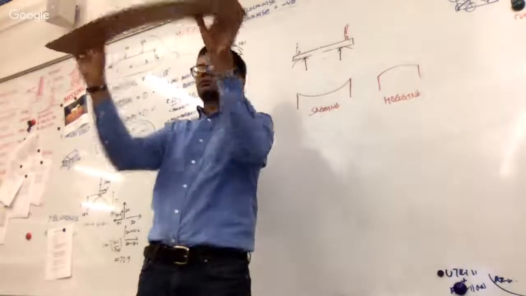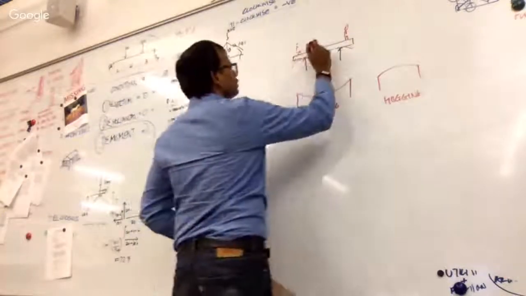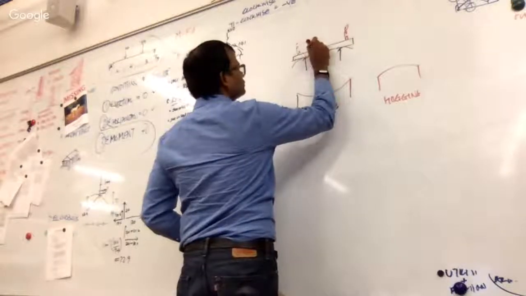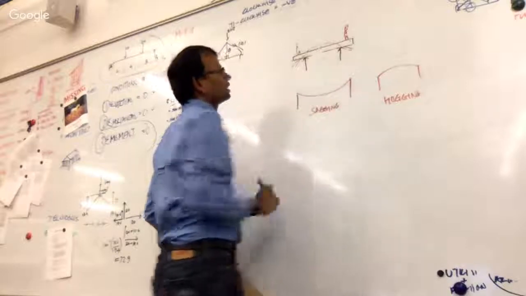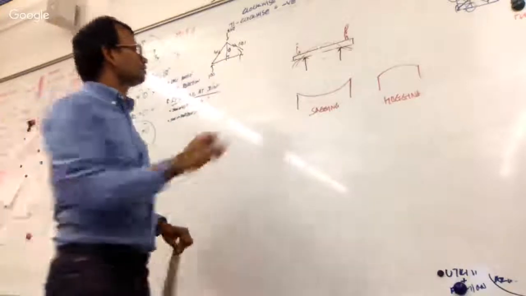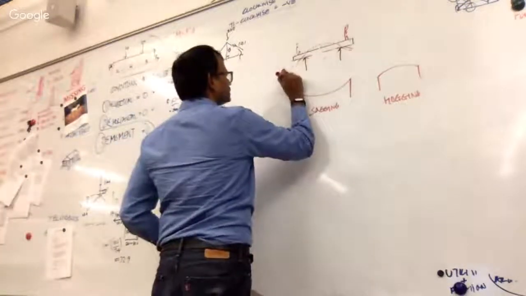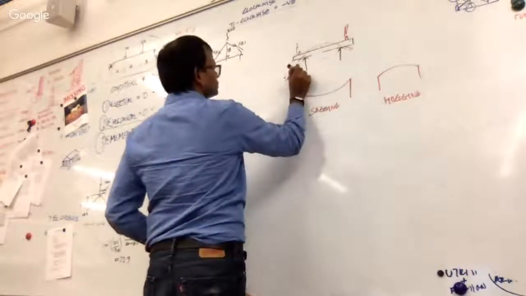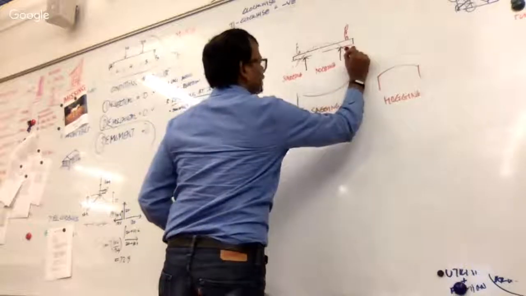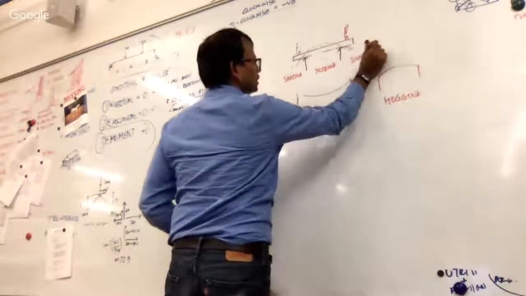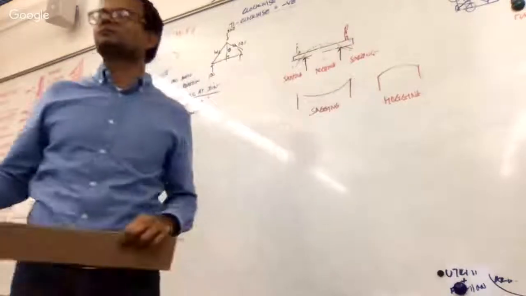It pushes up. So in that case, the beam goes up like that and it goes down like that. So in this case, it has sagging out here, hogging in the middle, and sagging out here.